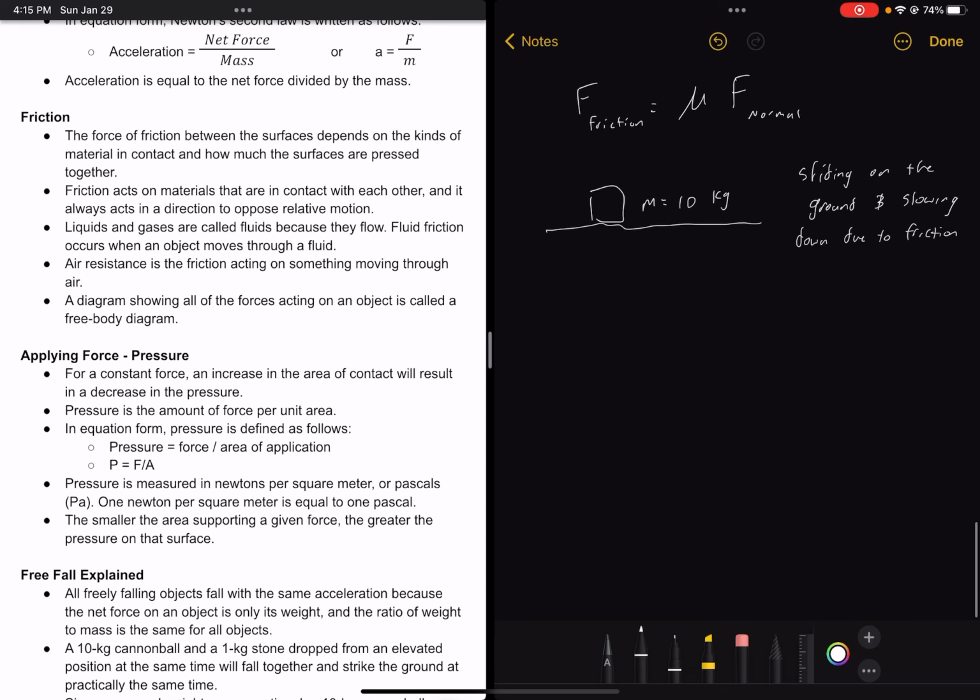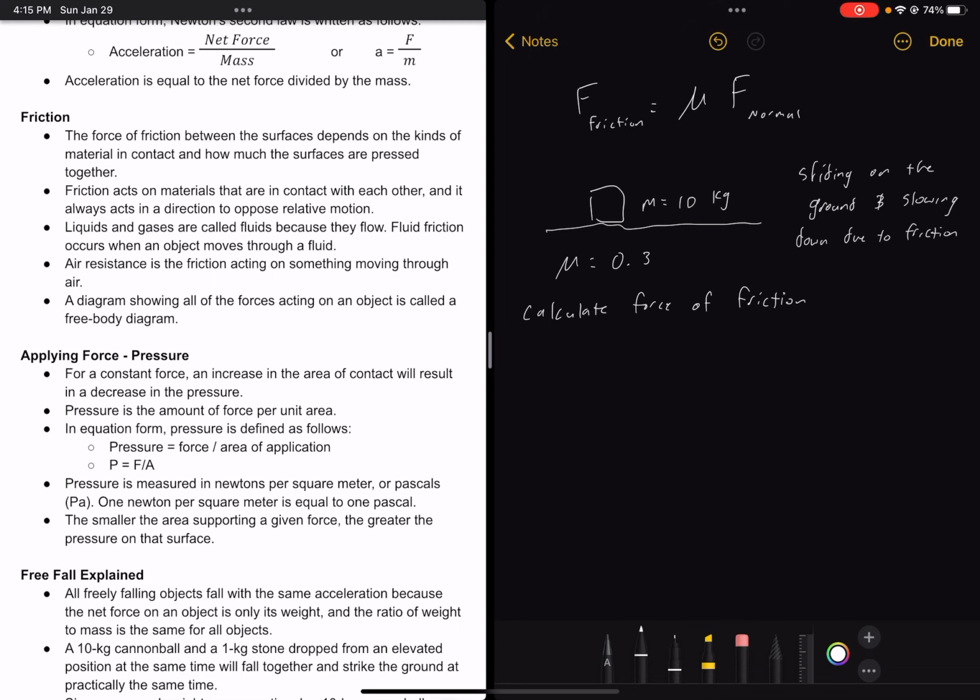Let's say the coefficient of friction is given, based on what the surfaces are. So let's say the coefficient of friction is 0.3, and we need to calculate the force of friction.